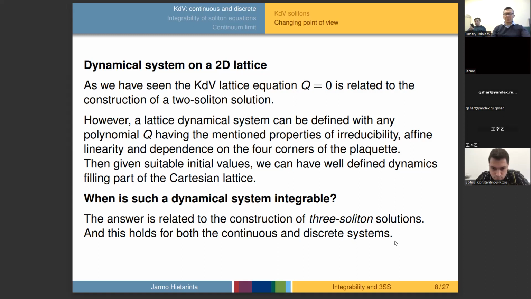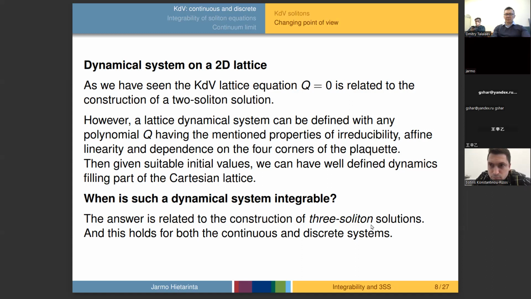Is there a question? Yes, just what definition of integrability do you use here? Well, actually, this is the definition of integrability. But I cannot say it as a definition of integrability.